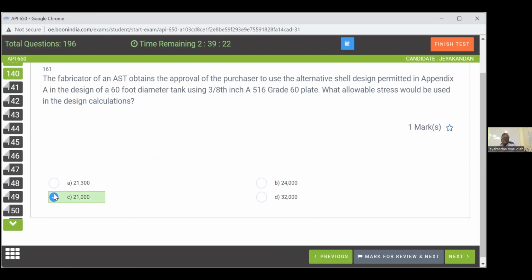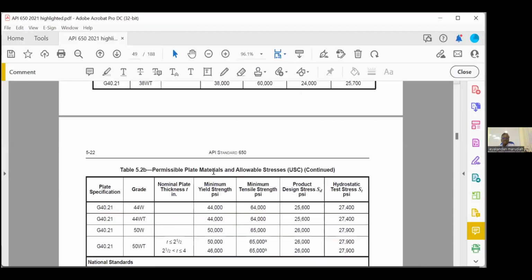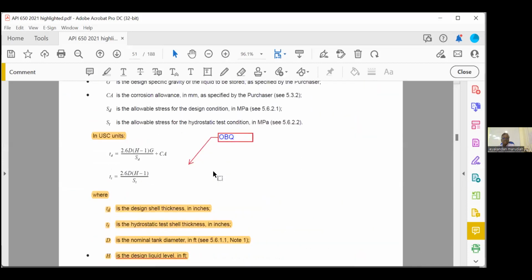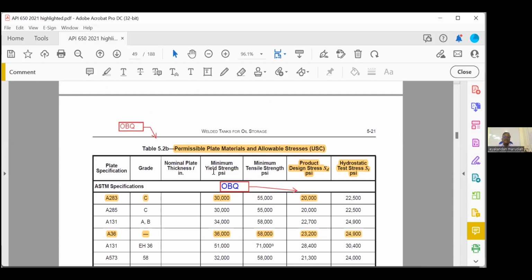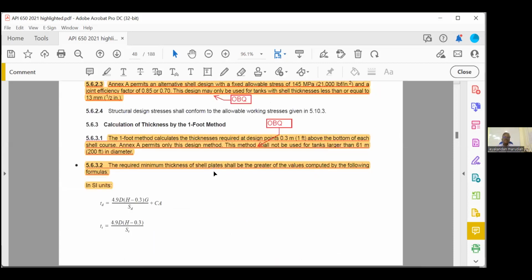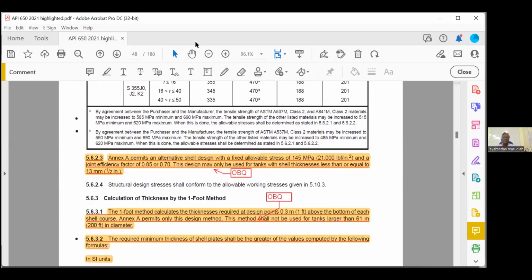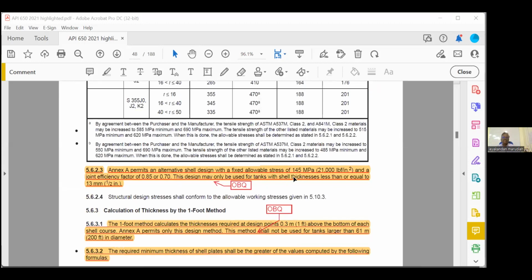Where is it given? 5.6.2.3, you can see here. Annexure A permits the allowable stress of 21,000. It is a fixed value. Alternative design with the fixed allowable stress of 21,000, 5.6.2.3. Okay, just a little cooperation, we will complete this section.